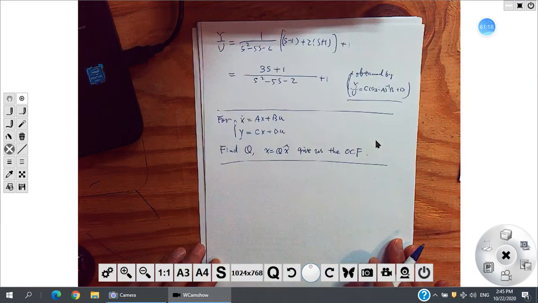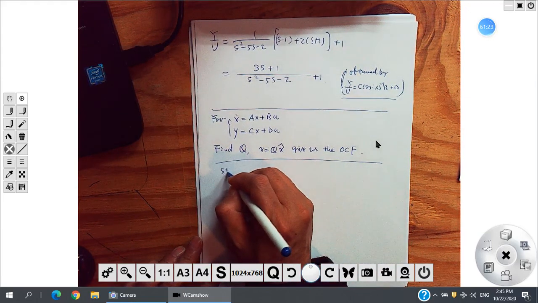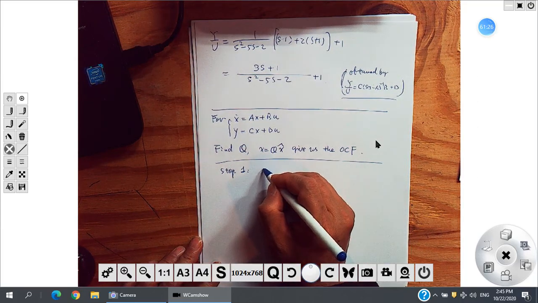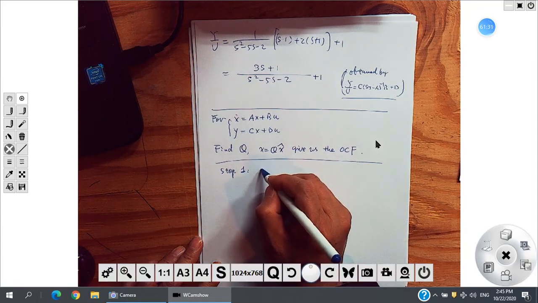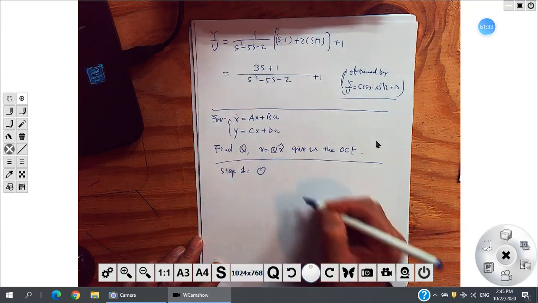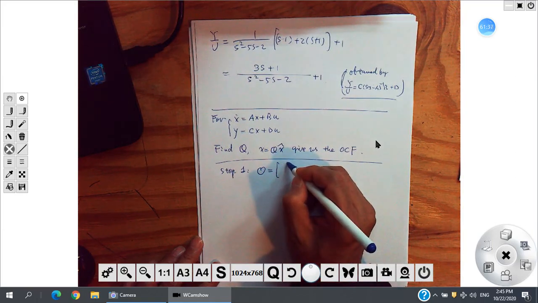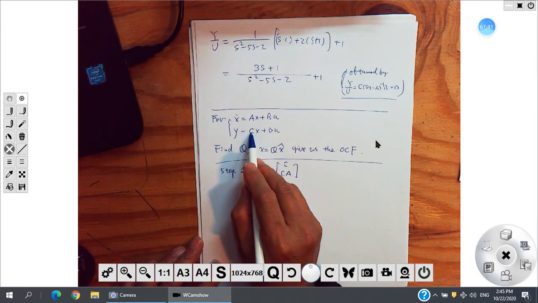Okay, we have a similar method. Step 1, we need to find the observability matrix. It's for the OCF, so I use capital O. I use C and C times A. C is a row vector, right?